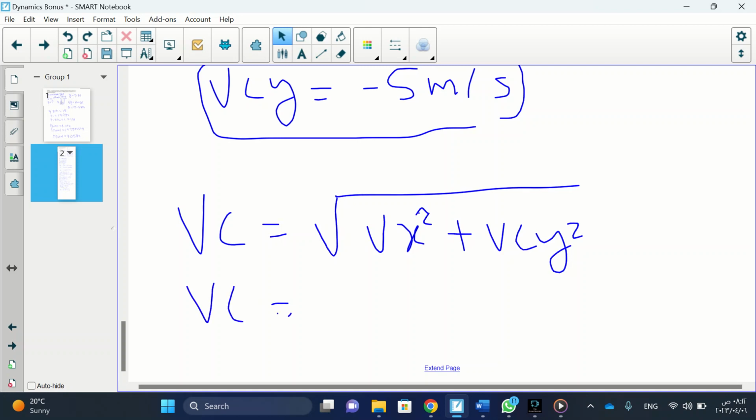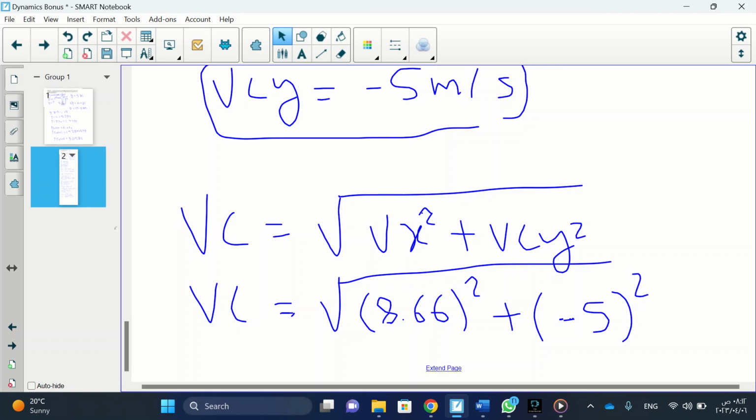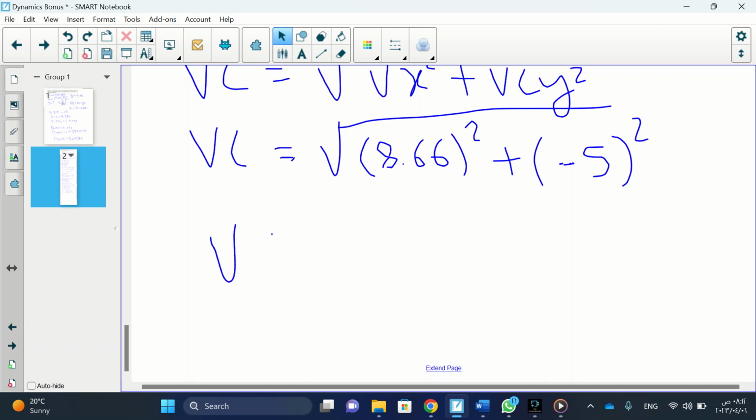VC will equal the square root of 8.66 square plus minus 5 between brackets square. So we will get VC equal to 10 meters per second.